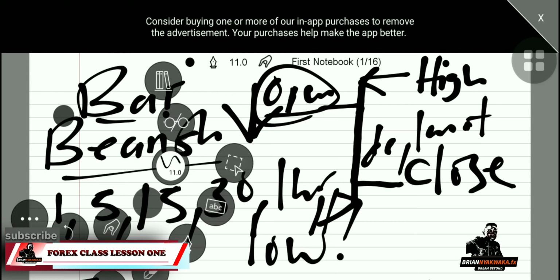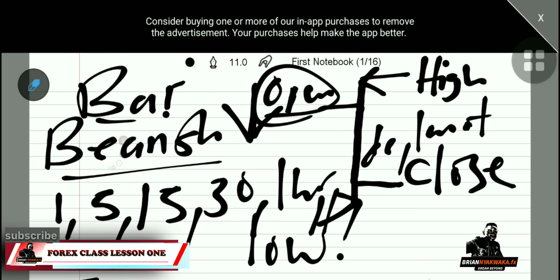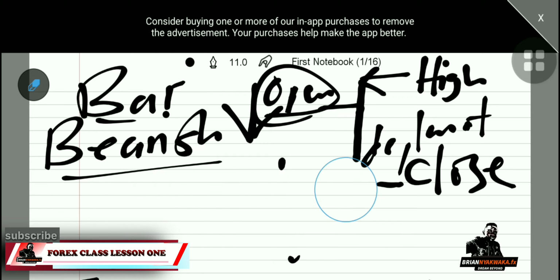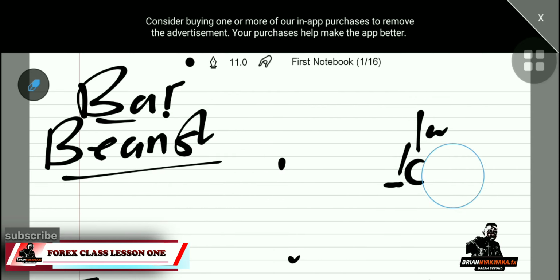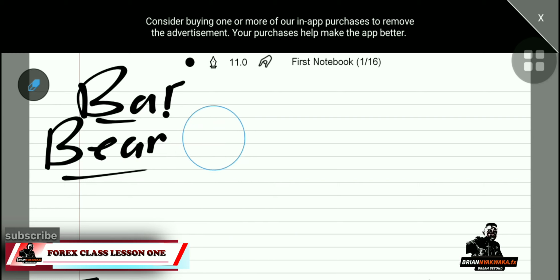And then the second type of a bar chart is the bullish bar chart.